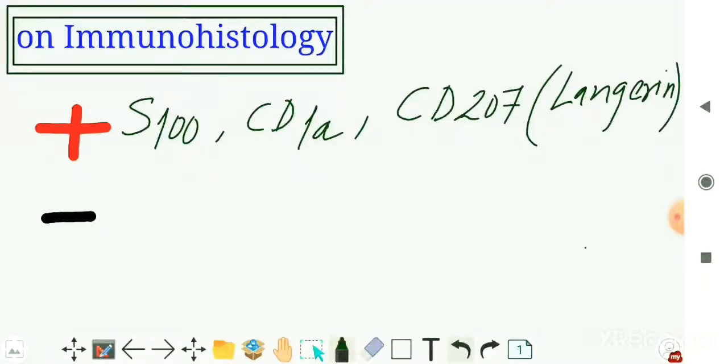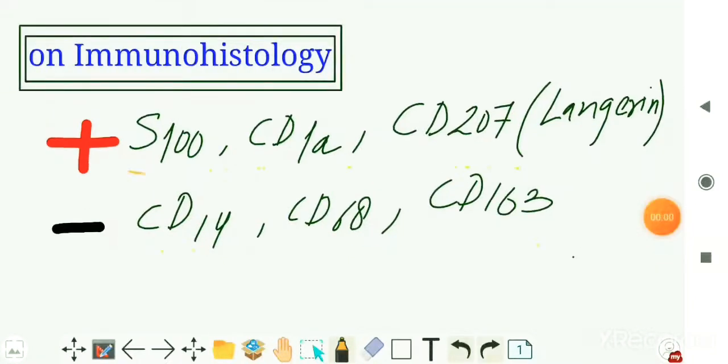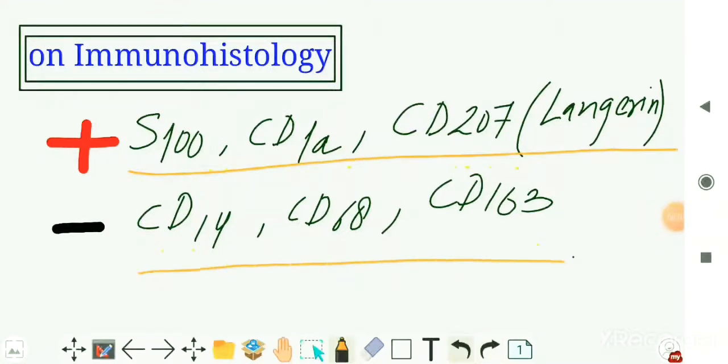And these cells are negative for CD14, CD68 and CD163. These all are the cell markers of Langerhans cells.